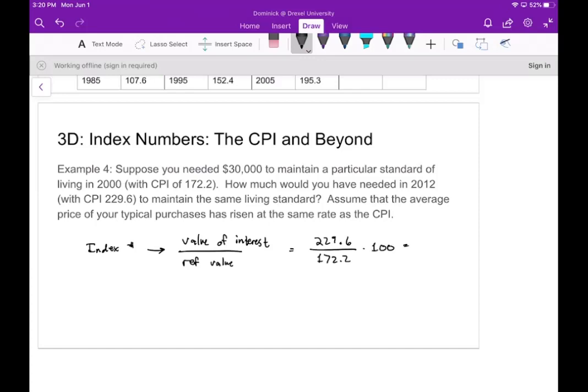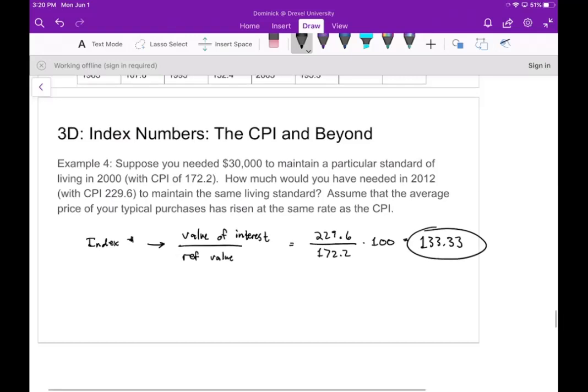So if we find this, 229.6 divided by 172.2, multiplied by 100, we're going to get 133.33. That's our index number to go from 2000 to 2012.